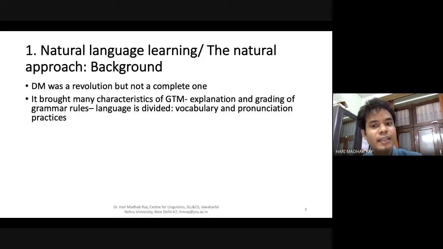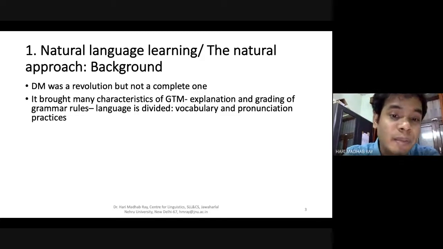But inherently they are explaining and even grading the students on the basis of grammar rules, and even explaining the grammatical rules in the target language. So to some extent you criticize the whole grammar translation method, but most teachers are doing the same thing in the direct method of language teaching.